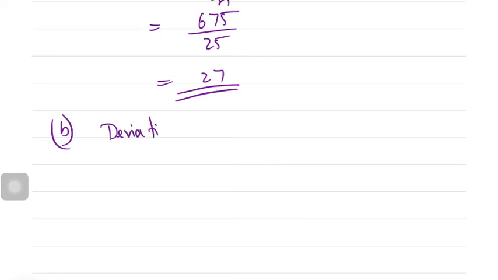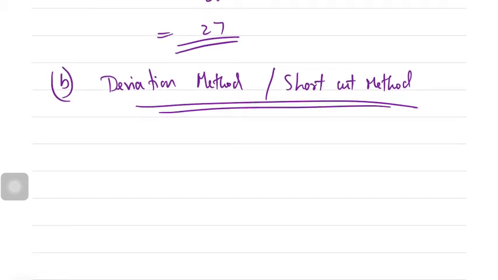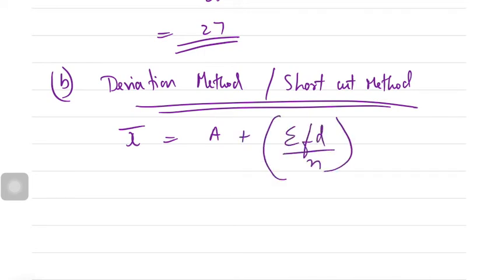So deviation method, which is also called a shortcut method. The formula for shortcut method is the same like in case of discrete series, which is x bar is equal to a plus summation fd upon n.